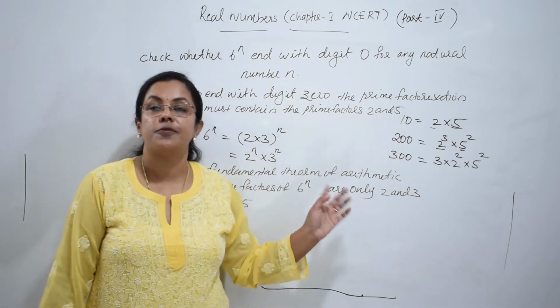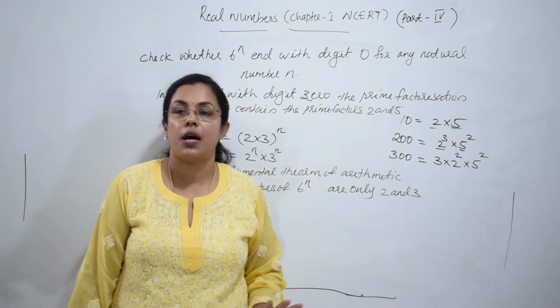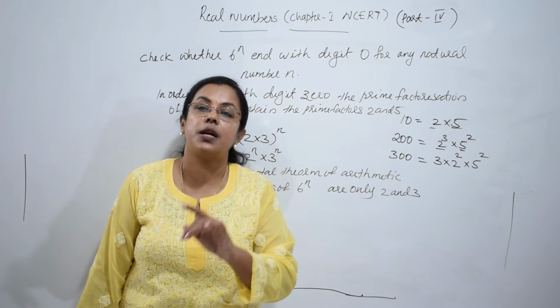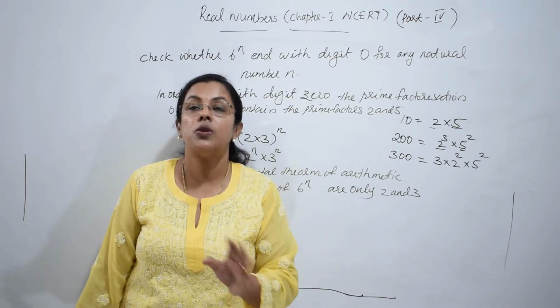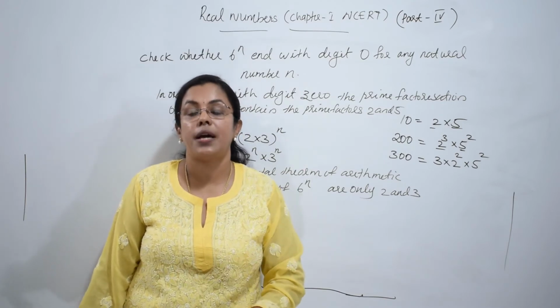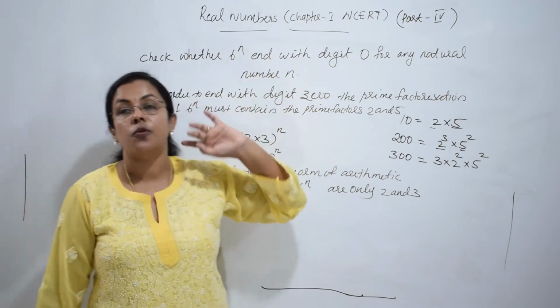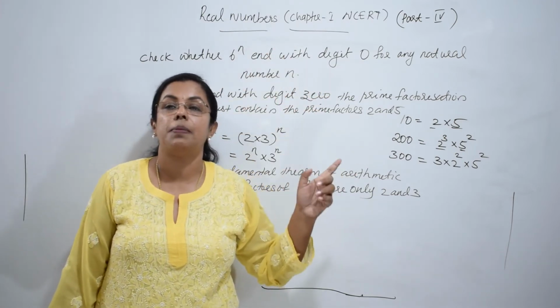Whatever be the value of n, its prime factors contain only 2 and 3, not 5. So it cannot end with digit 0 for any natural number n.